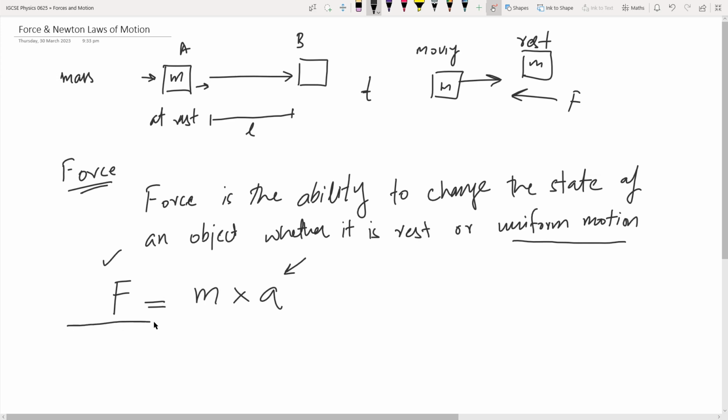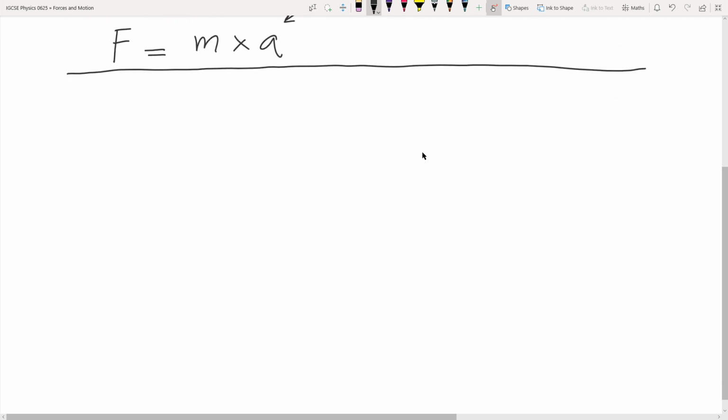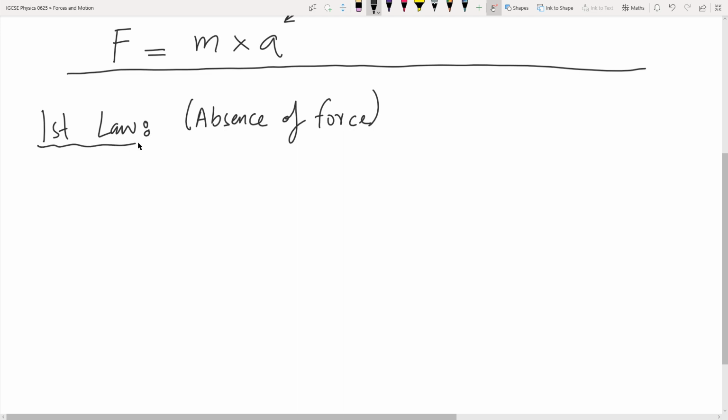But to understand force, I actually use Newton's three laws, which are really important. It's a classical explanation, so I always define the first law, right? And the first law, I say, is the absence of force. That's how I define Newton's first law, right? When we talk about Newton's first law, we say the absence of force.